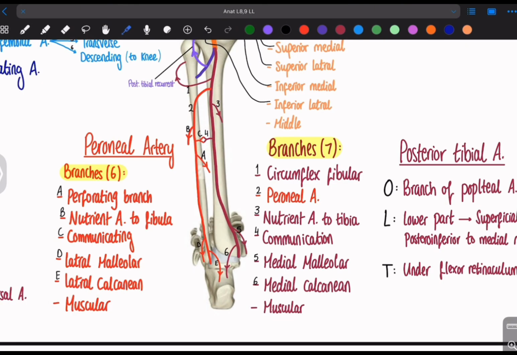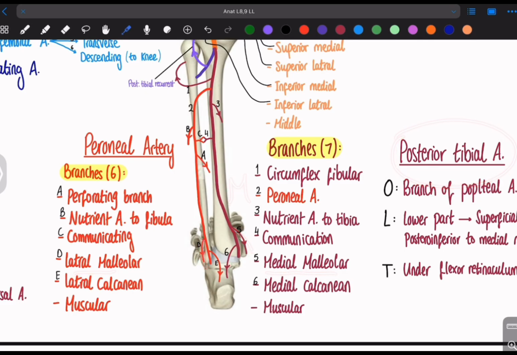Next, we have lateral malleolar and medial malleolar. From their name, lateral means it's going to be a branch from where? From the peroneal. And the peroneal is going to supply the lateral side. So lateral malleolar is going to be a branch from the peroneal artery, while the medial malleolar is going to be a branch from the posterior tibial artery because it's the medial side.